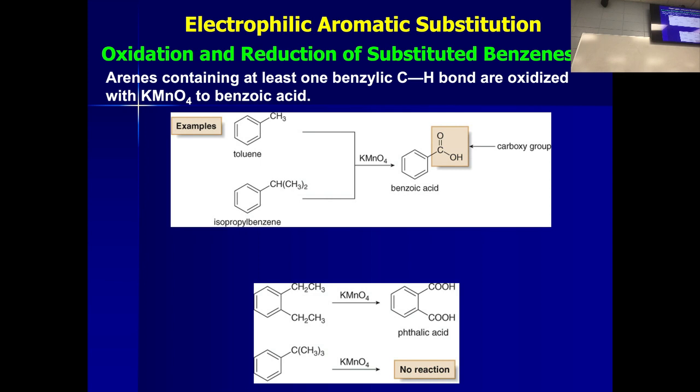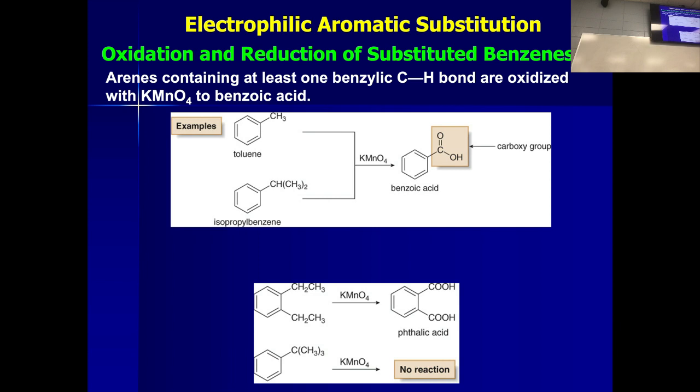How else have we learned to make carboxylic acids? Previous chapter, oxidizing alcohols. What kind of alcohol? Primary.